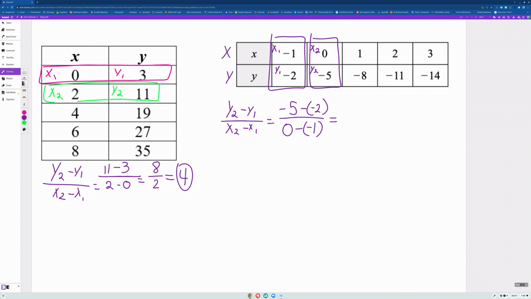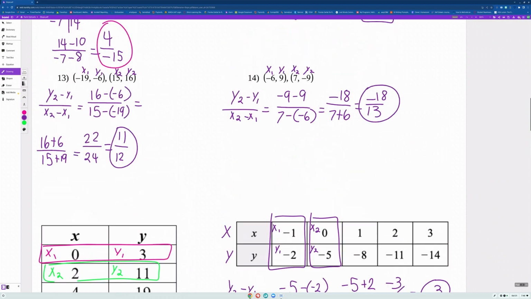So this is going to simplify to -5 plus 2 all over 0 plus 1. When I do -5 plus 2, I'm going to get a -3. And then 0 plus 1 is 1. So in this case, my slope is going to simplify to -3.